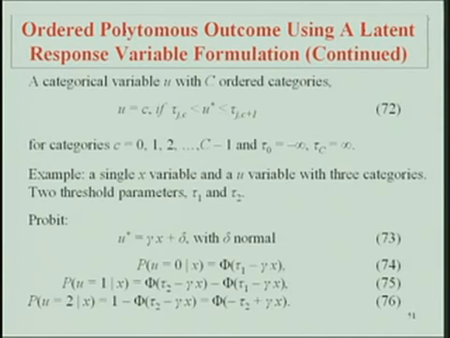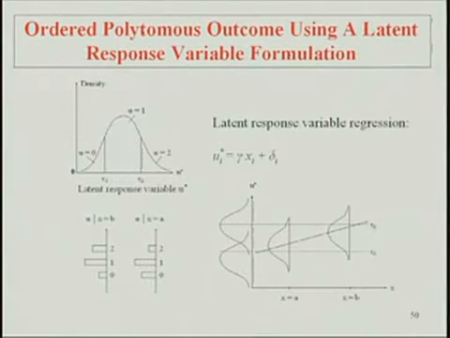Then for the highest category, the probability of being above the threshold tau 2 is the probability that U equals 2. Probability of being above tau 2 is the same thing as 1 minus the probability of being below tau 2. So that's worked out in formula 76. All right.